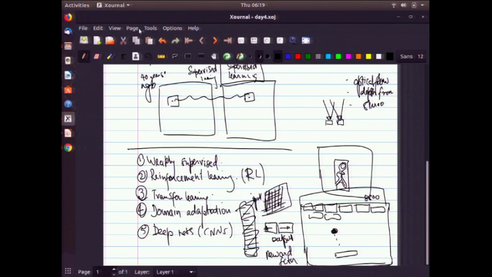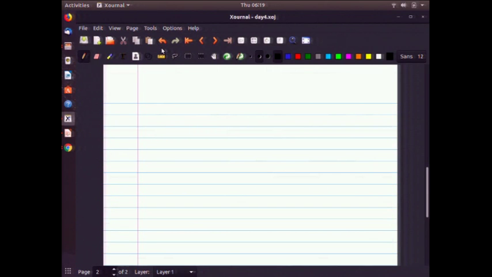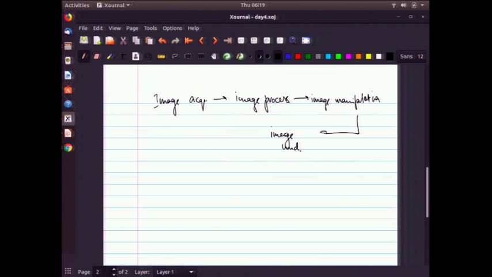So I think there's been a big shift in computer vision recently, is that they moved from image acquisition, image processing, image manipulation, to image understanding. So this is just my own sort of chart, to image interpretation.